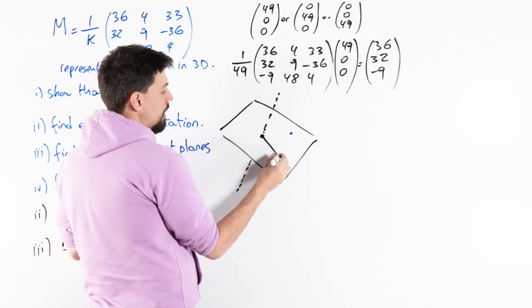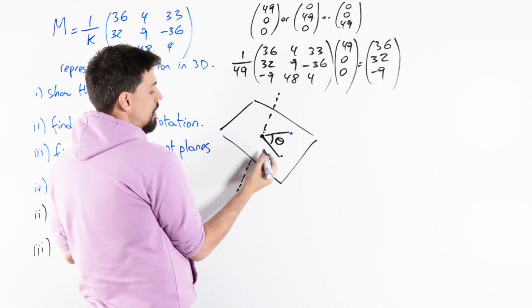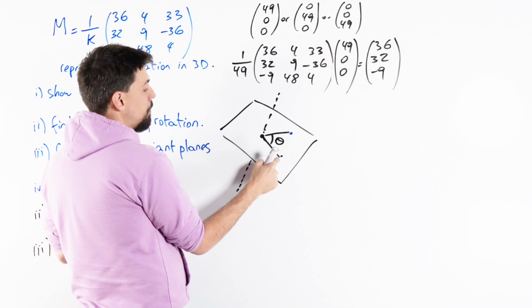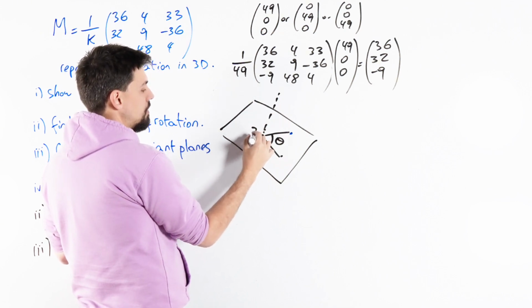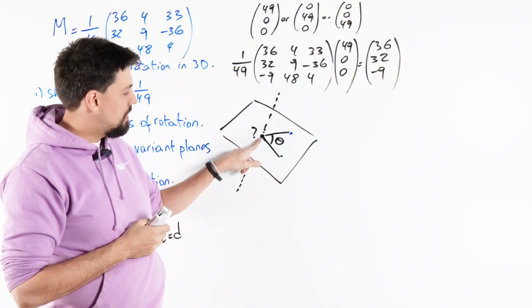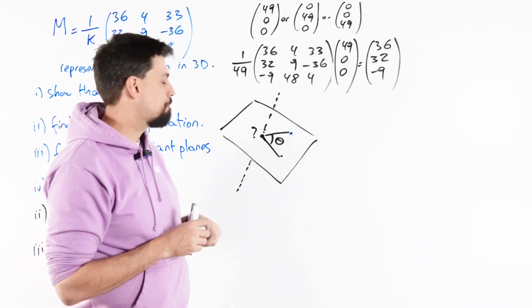What we would quite like, really, to find the angle of rotation is to find the angle between the lines. This line here is in this plane, so it's perpendicular to the axis of rotation. So what I'd quite like to find is where that point is, then I can just play around with that.